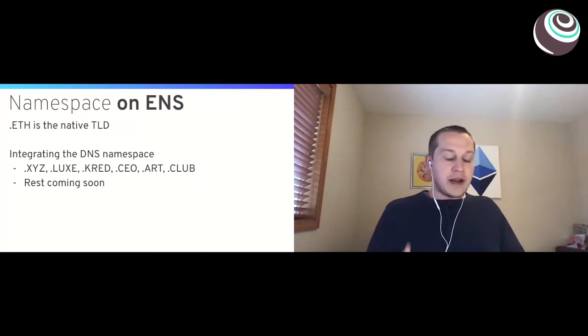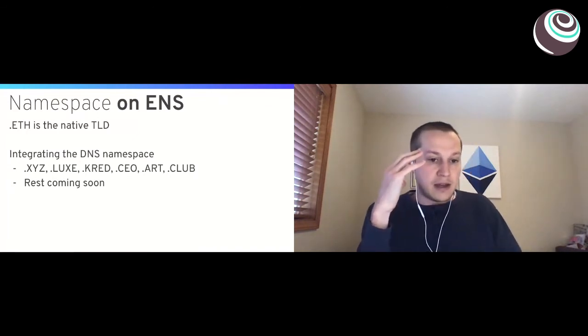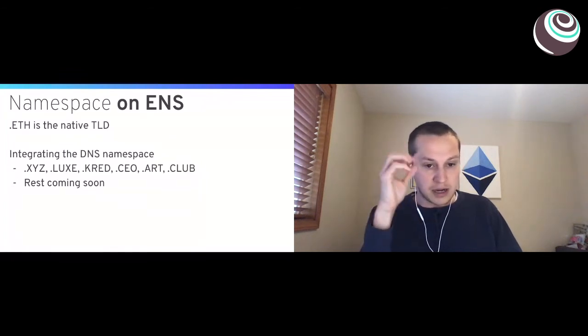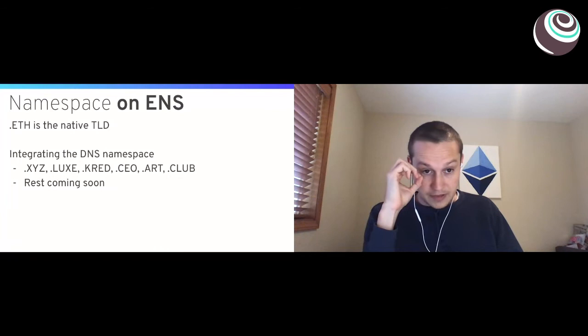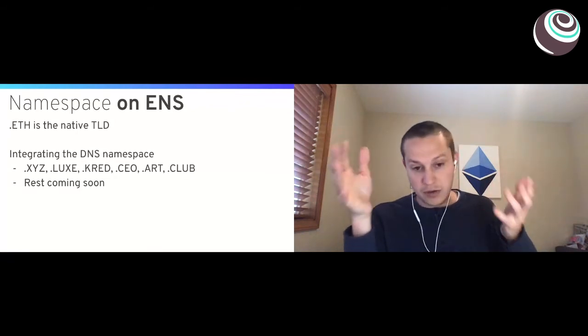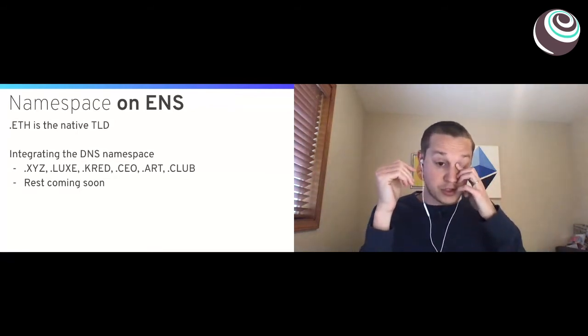So we've already done this, or at least made this possible with .xyz, .lux, .cred, .co, .art, .club. Those work in different ways, but we want to have the rest, all of it, like .com, .io, .org, and those should be coming soon.